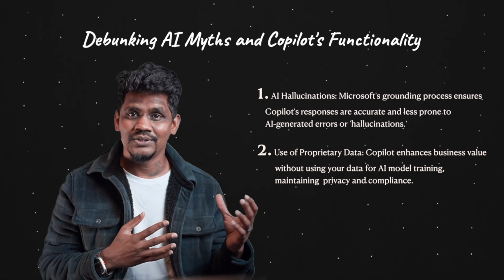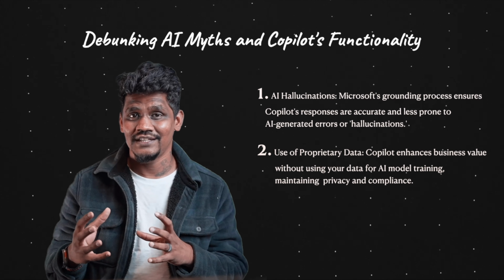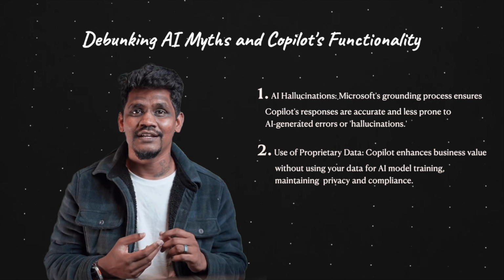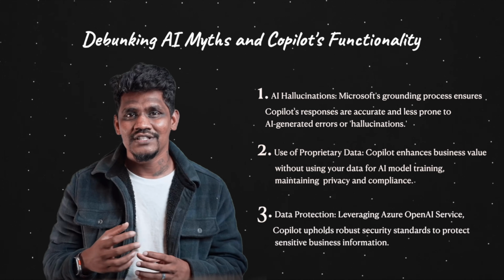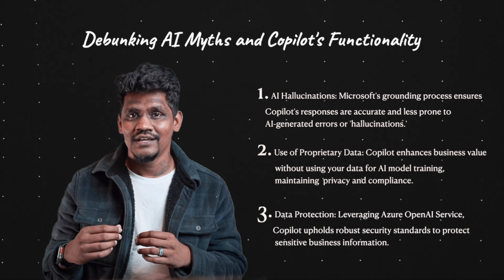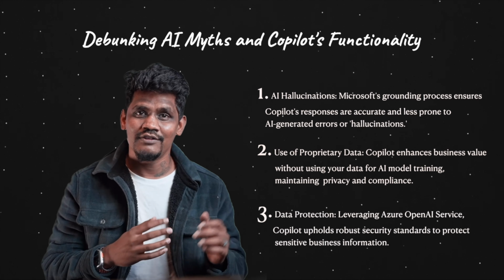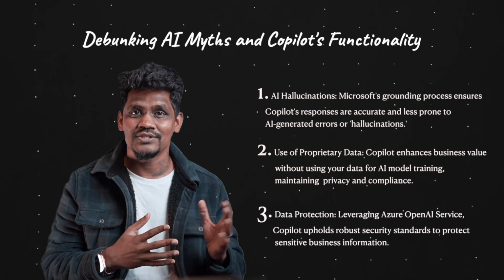We have learned through graphs that Copilot enhances business value without using user data for AI model training, maintaining privacy and compliance. The third one is data protection. Leveraging Azure OpenAI services, Copilot upholds the robust security and standards that protect sensitive business information already from the OpenAI services as well as the Azure services.